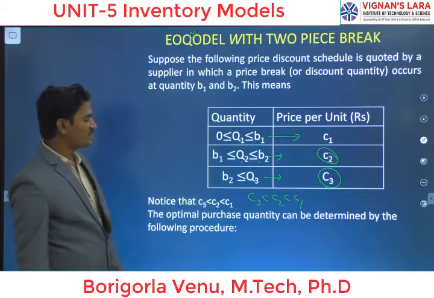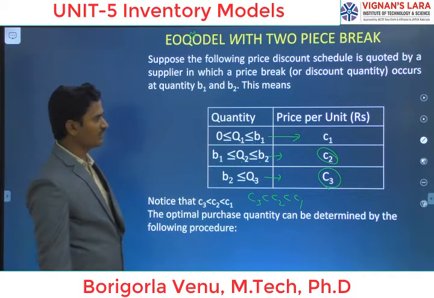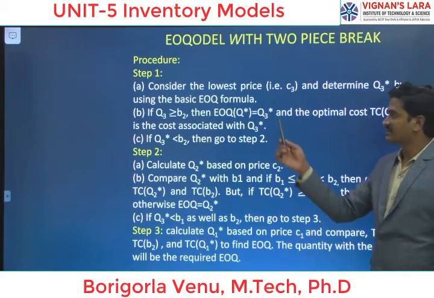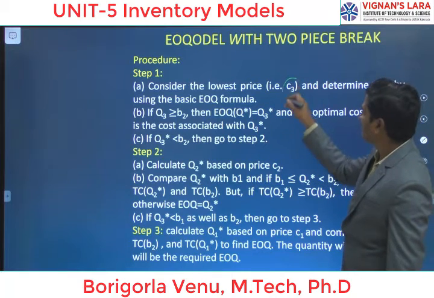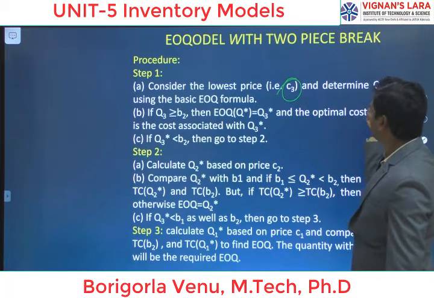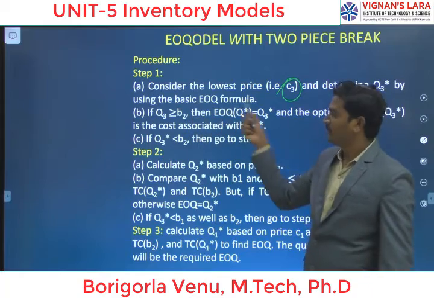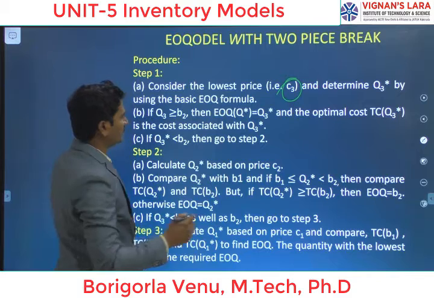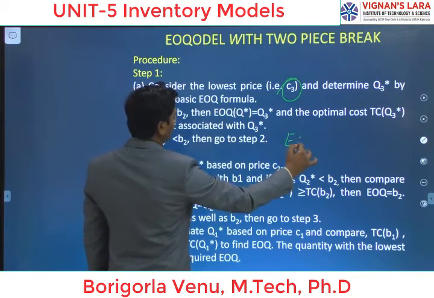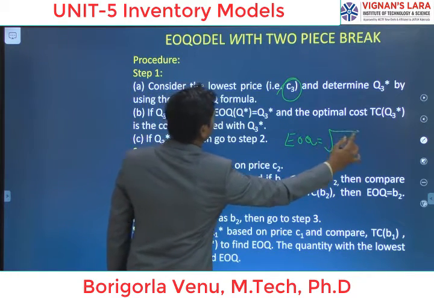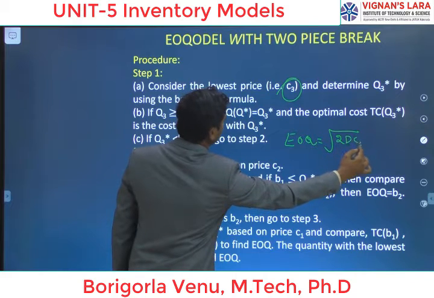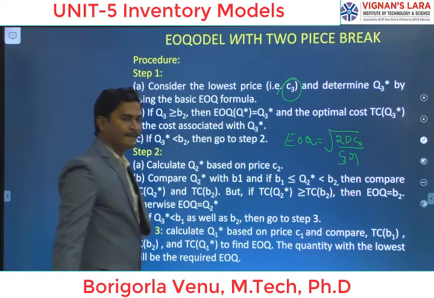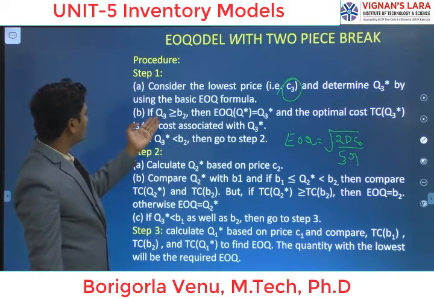The optimal purchase quantity can be determined by using the following procedure. Step 1, consider the lowest price, that is C3, and determine Q3 by using the basic EOQ formula. We know the basic EOQ formula, already discussed in the previous case, is the square root of 2DC0 by C3R.